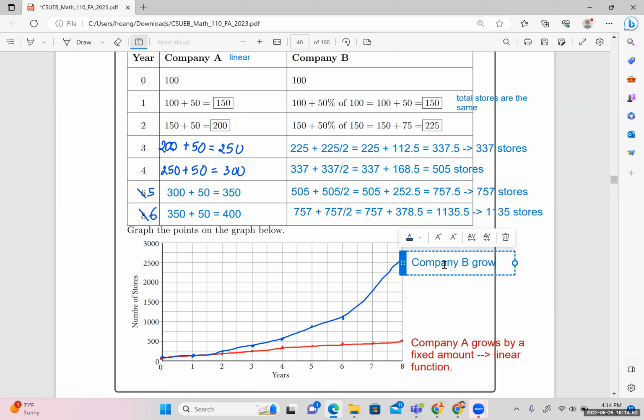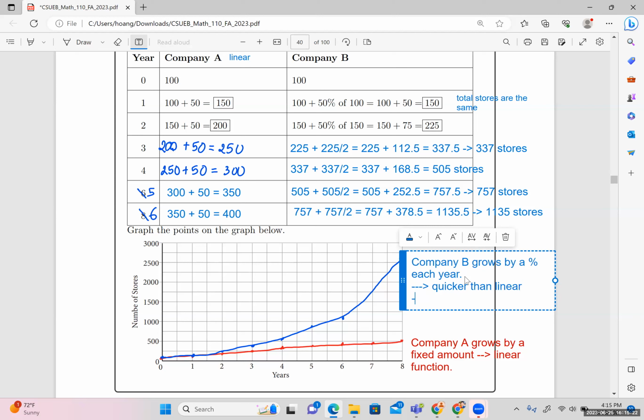Company B grows by a percent each year. This growth is quicker than linear.